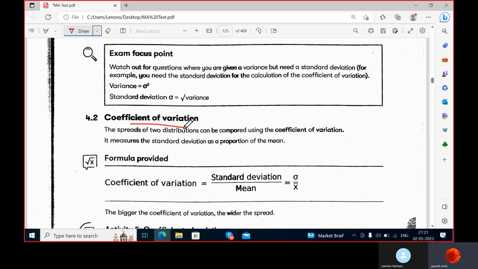Coefficient of variation shows how much the variation is there from the mean. That means the spreads of two distributions can be compared using the coefficient of variation.